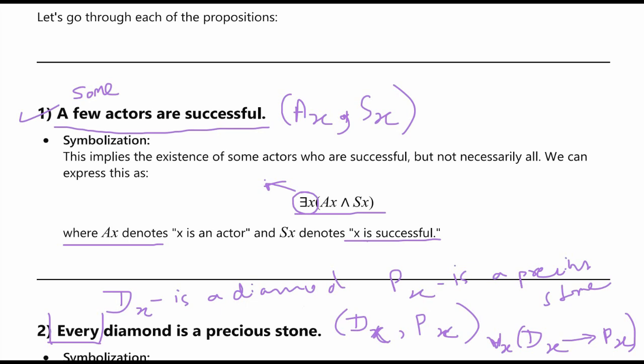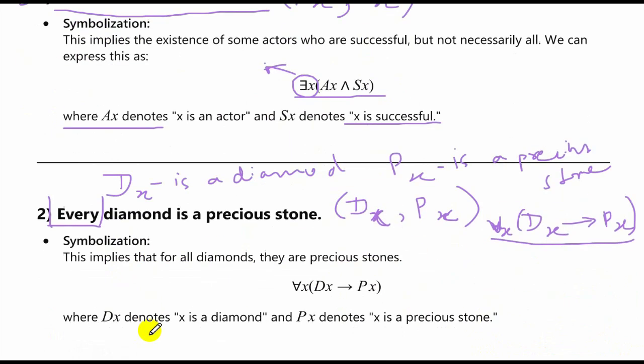They all mean the same thing. So whenever we have the universal quantifier, we have to use the implies sign, the arrow. This is all that we need to do. So this implies dx implies px, where dx denotes x is a diamond, px denotes x is a precious stone.